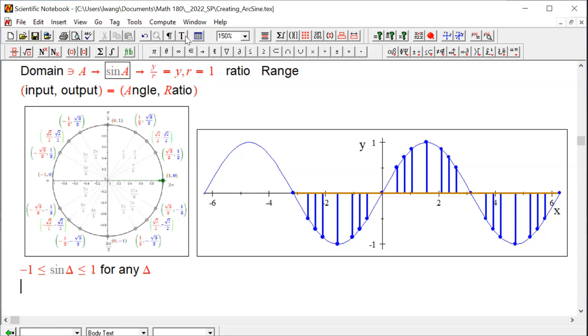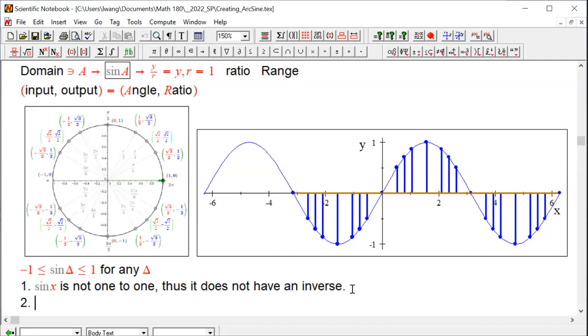Number one, the sine function as we know it, sine x, sine whatever, is not one-to-one. Thus, it does not have an inverse. It does not have any inverse, however you say it.